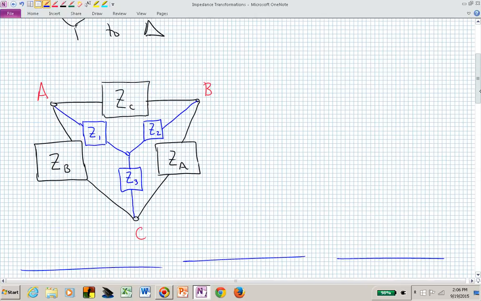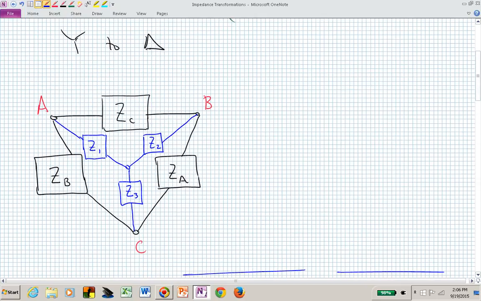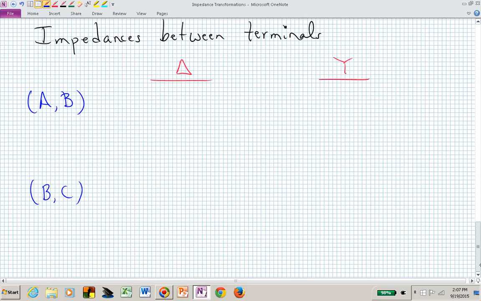If we go back to the delta and we say, what's the impedance seen between A and B in the delta configuration, you can actually see that C is not connected to anything. That's now at an infinite impedance. And so we really just have the sum of Z_A with Z_B in parallel with Z_C across terminals A and B as far as its impedance. Let's write that down before we forget it.